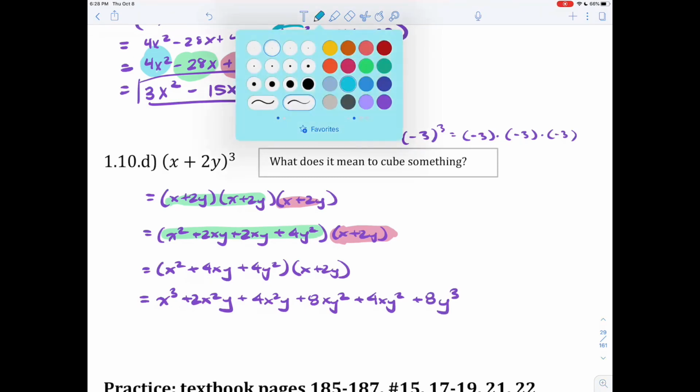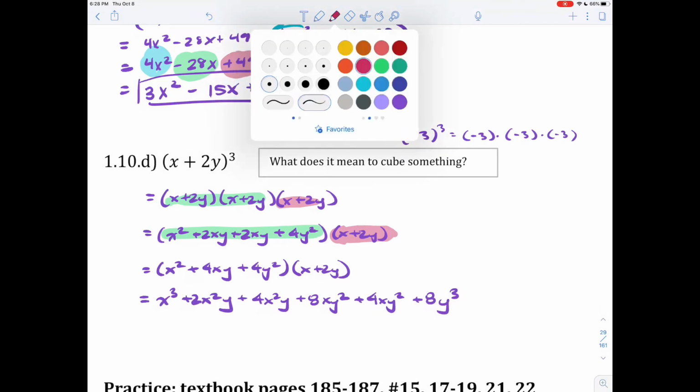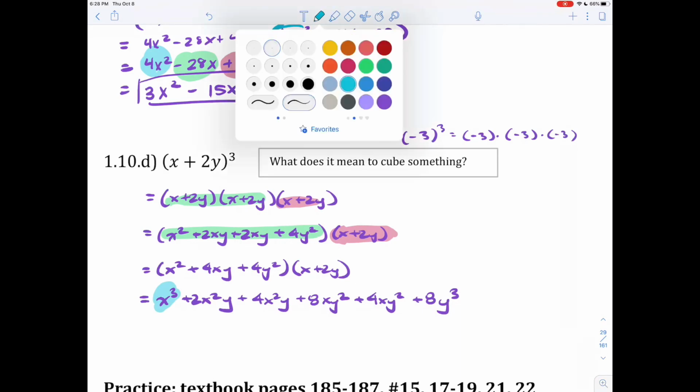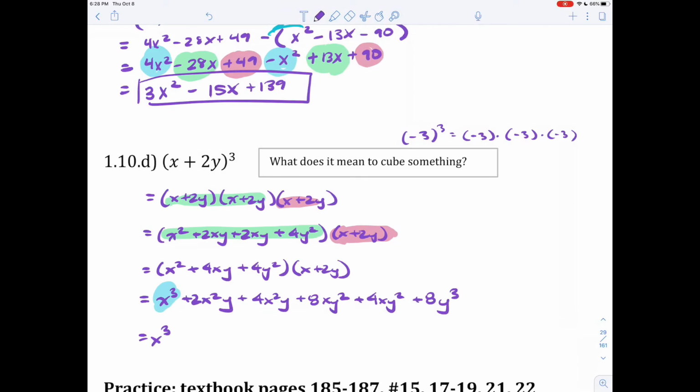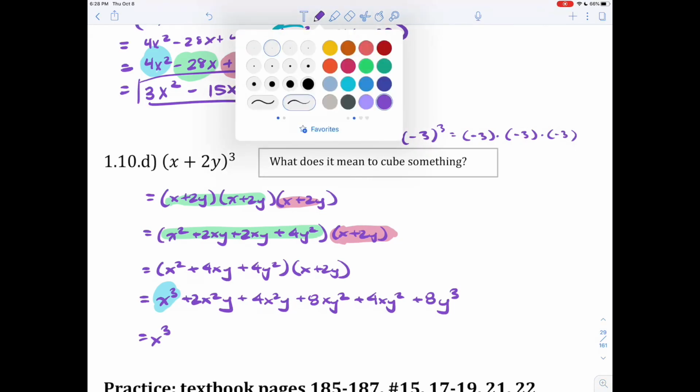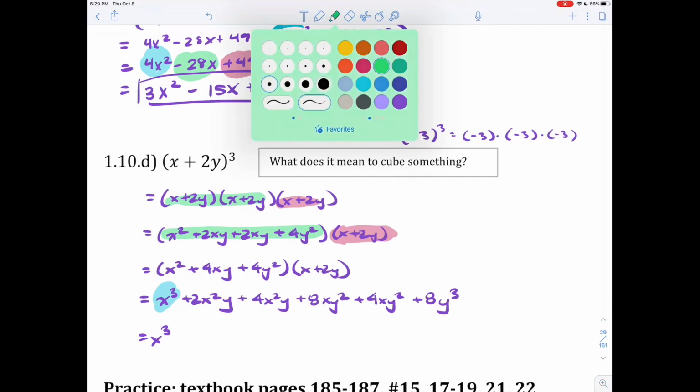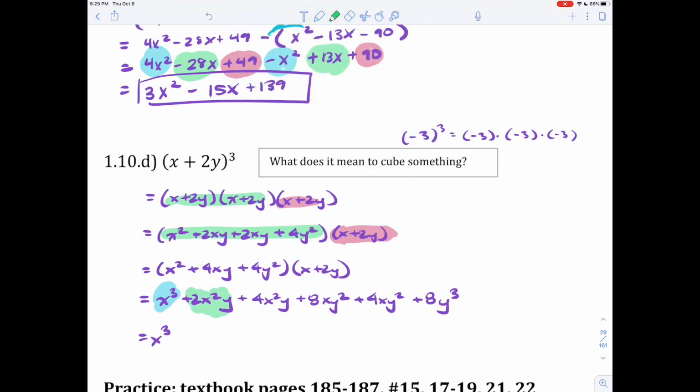And there's a bunch of terms that can be combined there. So x cubed is on its own. There's no other x cubed term there. We do also have 2x squared y and 4x squared y, which we cannot combine with 8xy squared. Yes, they both have x and y, but make sure that each variable has the same exponents.